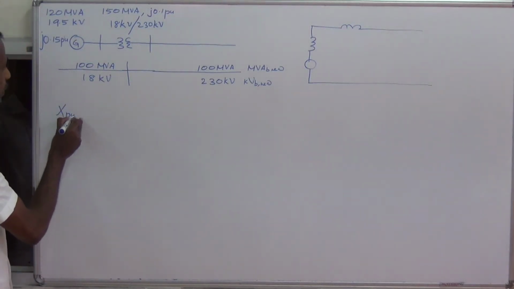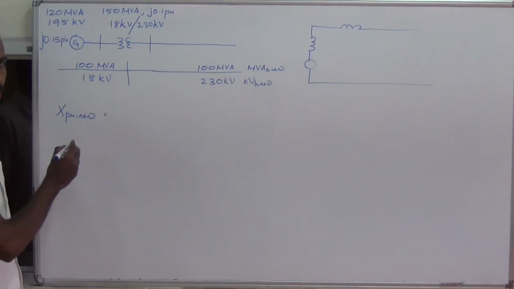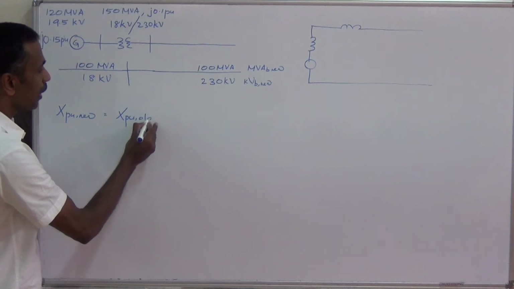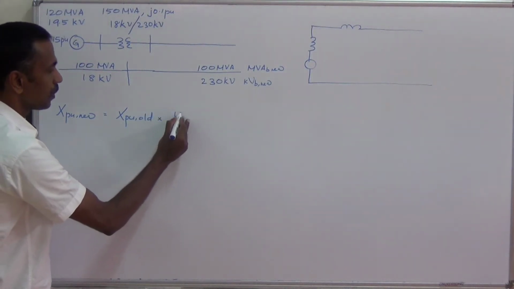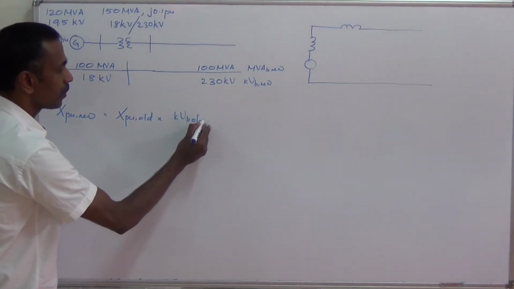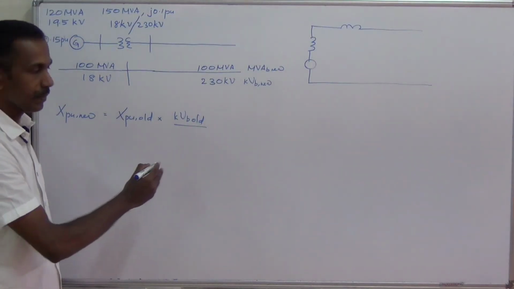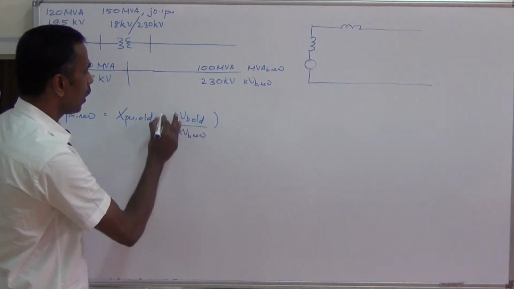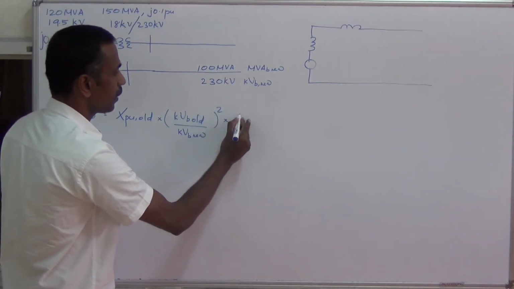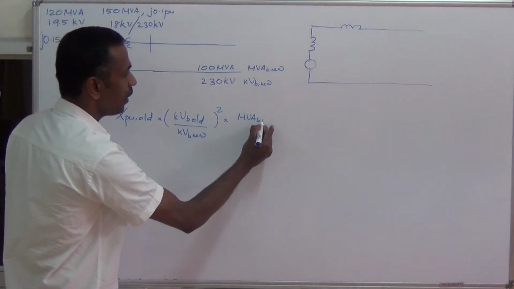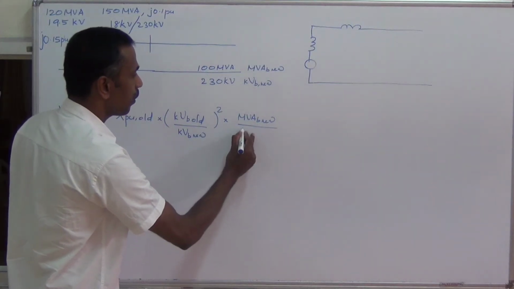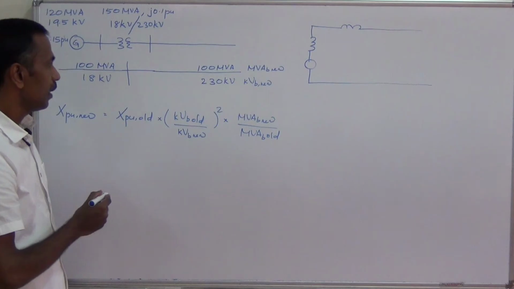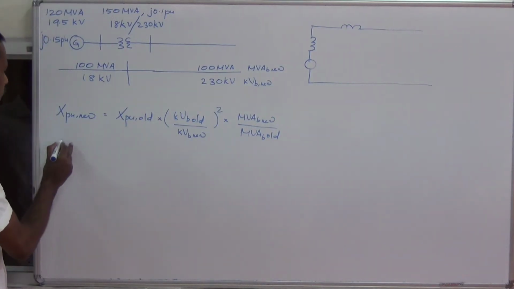So X per unit new is equal to, this is the formula we are using, X per unit old into kVb old divided by kVb new, the whole square, into MVAb new divided by MVAb old.